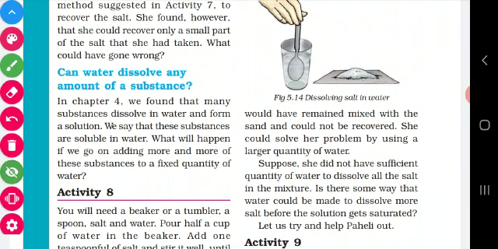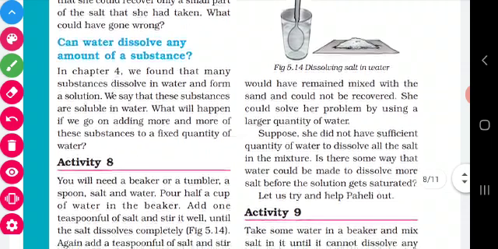Listen children, we have learned in our 5th standard itself, water has the capacity to dissolve many substances. Almost all the substances are soluble in water, so it is called the universal solvent. We have learned about solute and solvent in our 5th standard itself.